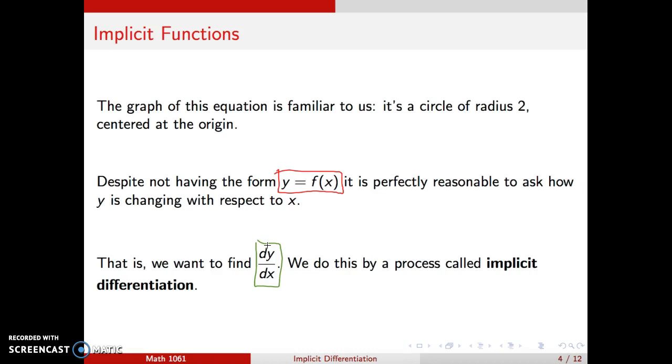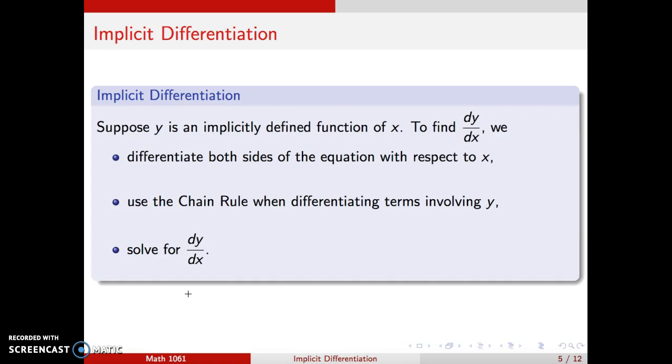When something is not explicitly defined, we can use an alternate technique called implicit differentiation, which is really just an application of the chain rule. So here's how it works.